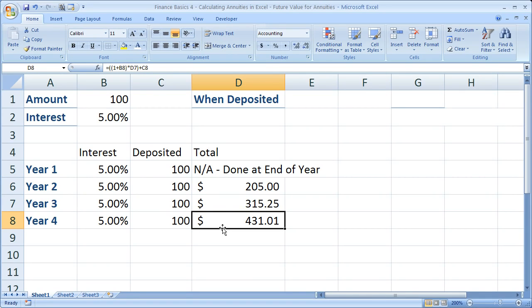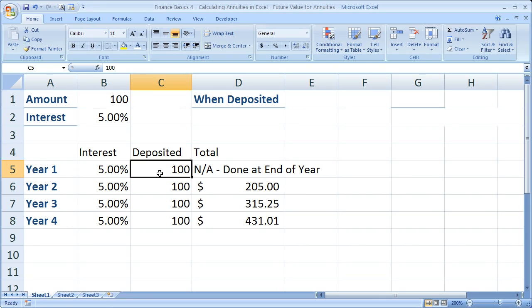Now it's very important to note that when you're calculating the future value of annuities, or any type of investments, you need to know when you're going to be paid or when you're going to be putting money into something. Is it the beginning of the year or the end of the year? Oftentimes when you're given a problem like this, even if it doesn't seem like it makes sense to you, the annuity begins at the end of year 1.